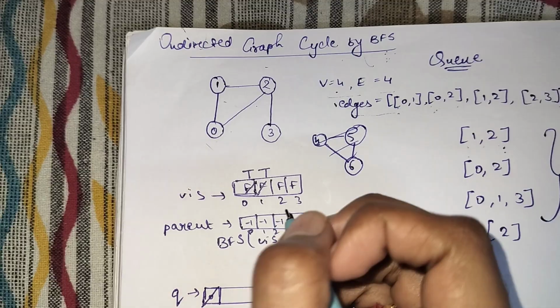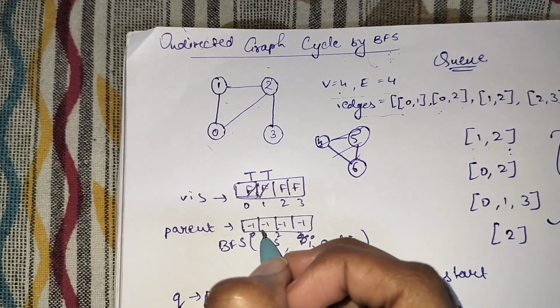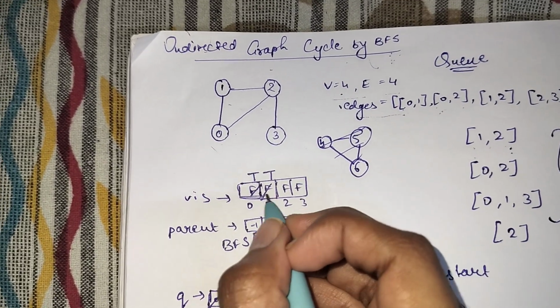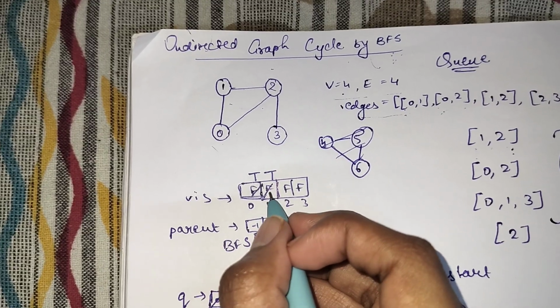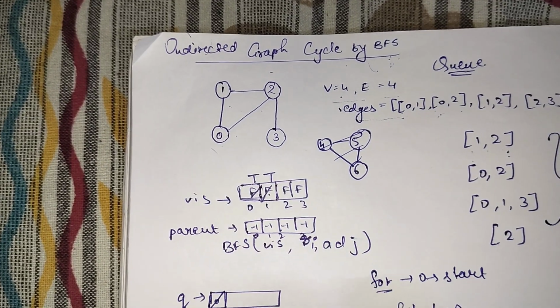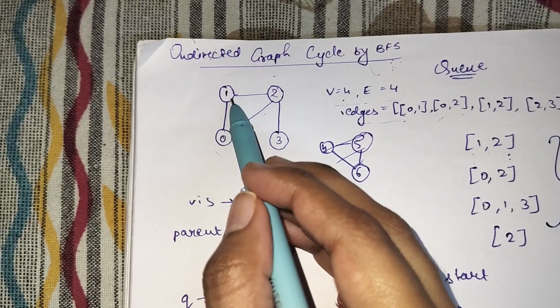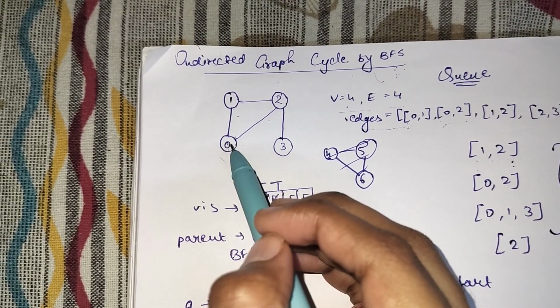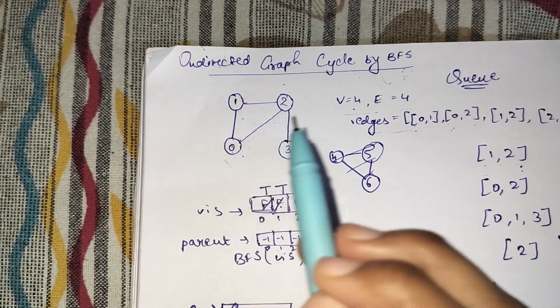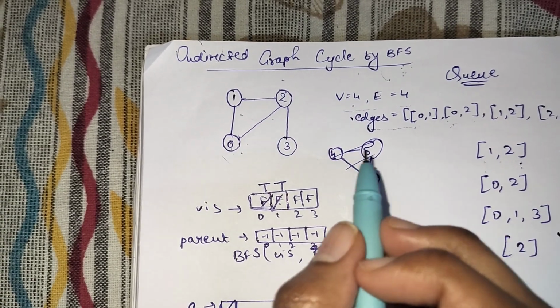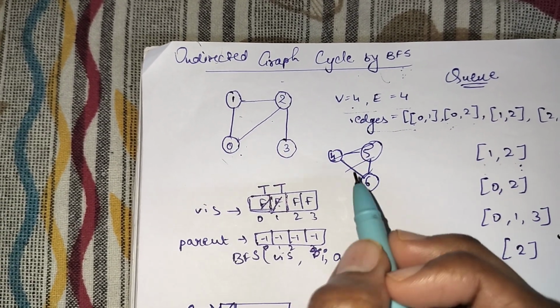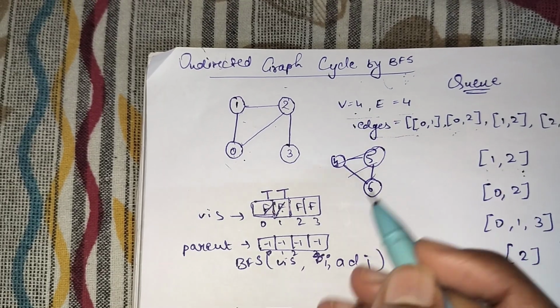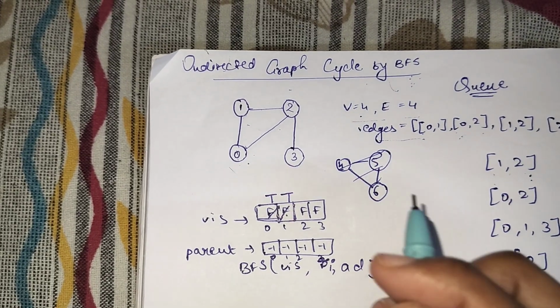Okay, and in parent node I'm going to keep the value of this 1 as node value, that is 0. That is, my 1 is coming from 0. It is a parent node. Try to understand clearly, as I move towards solving the question, things will become more clear regarding parent.